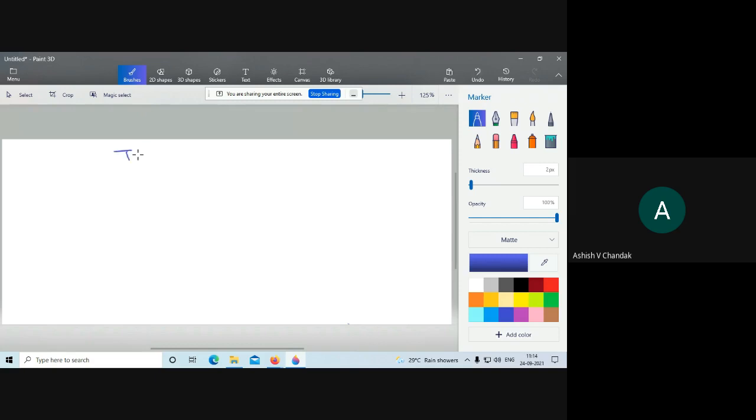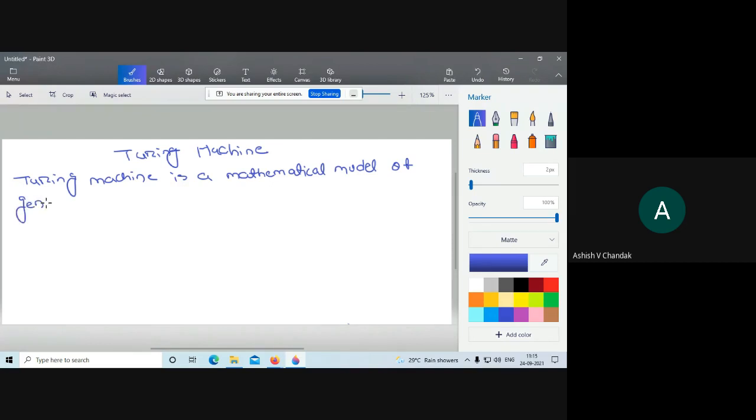So let us see what a Turing machine is. The theoretical definition of Turing machine: a Turing machine is a mathematical model of a general purpose computer.